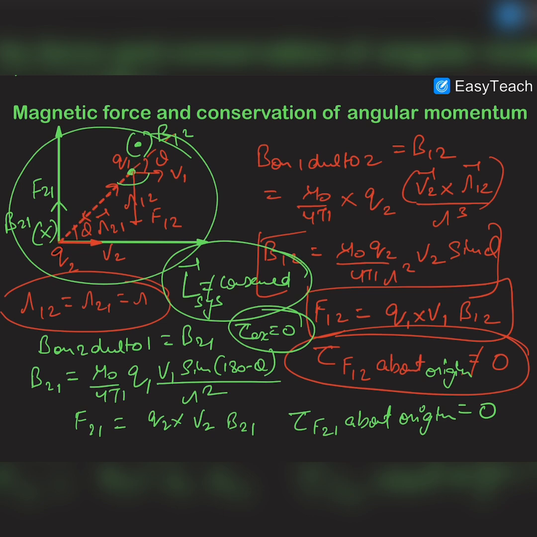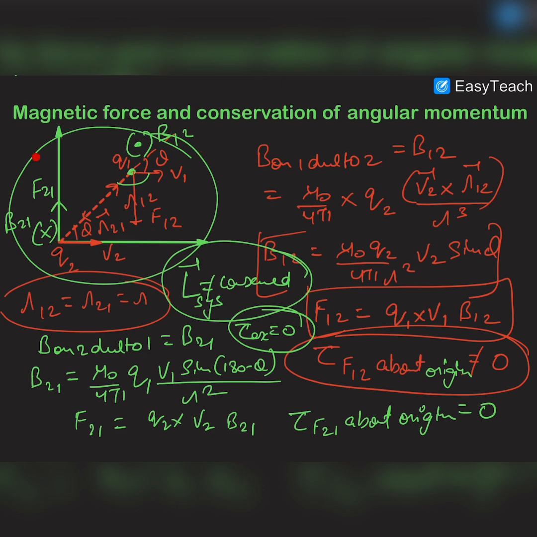Because these electromagnetic forces are internal forces of the system, and they obey Newton's third law, they will cancel out each other. So if they are cancelling each other, their torque about this point should be 0. So the net torque on Q1 due to electromagnetic force about origin will be 0, and the net torque on Q2 due to electromagnetic force about origin will be 0.